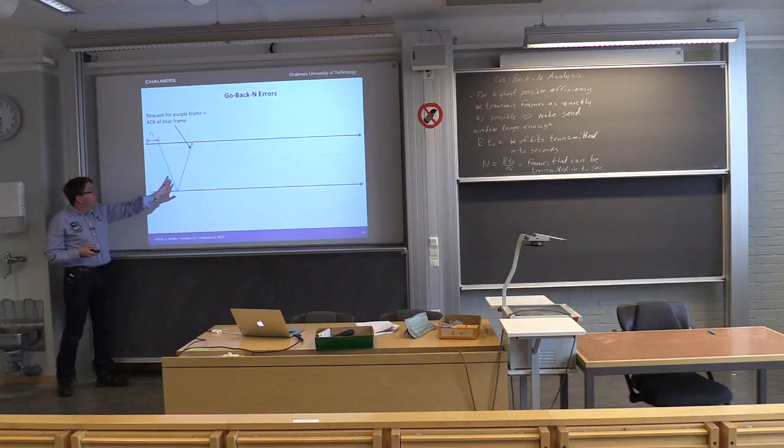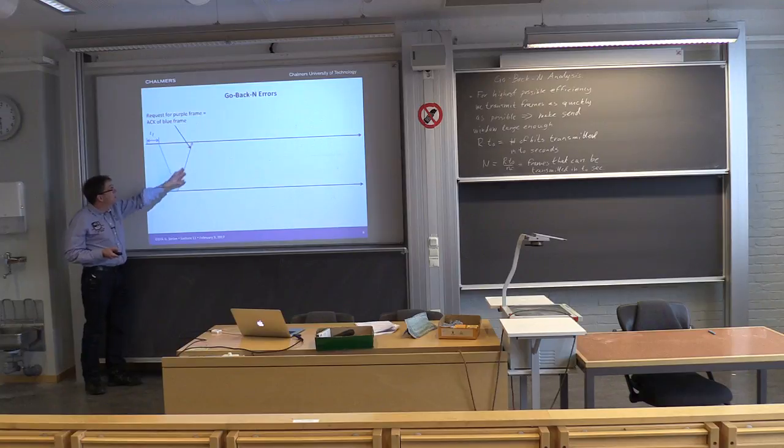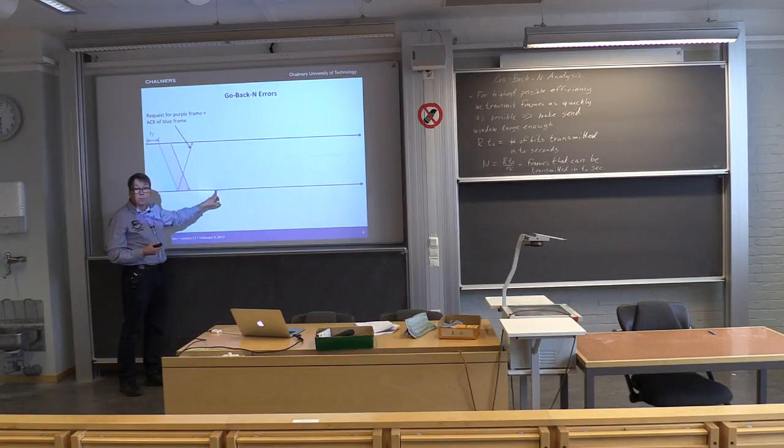Okay, so here also there is some color coding. We have a blue frame here, but the acknowledgement here carries a sequence number, the purple one, which requests the purple frame, right? So let's transmit the purple frame here, but see here that we transmit that actually before we get the request for it. So we're hoping that things will go well here, right? In stop and wait, the purple frame would have been transmitted here.